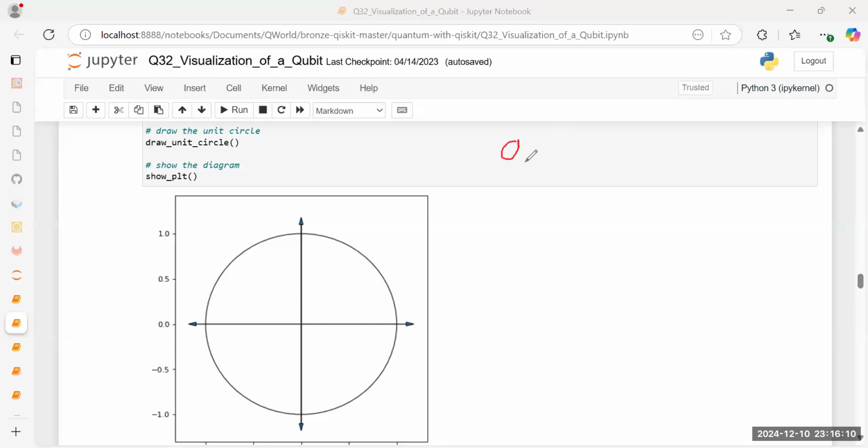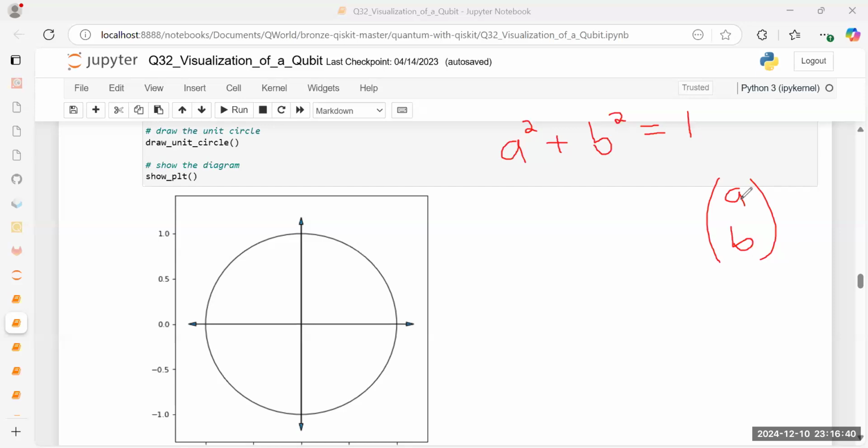So the rule we defined earlier was this: a squared plus b squared is equal to 1. Let me just point out here that the entries in the quantum states that we're going to be looking at are strictly going to be real numbers.